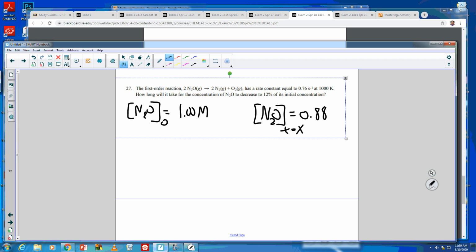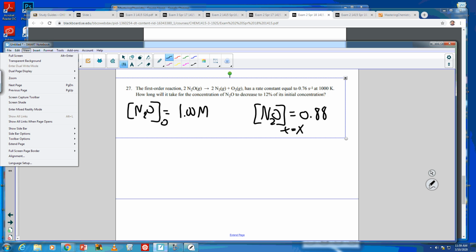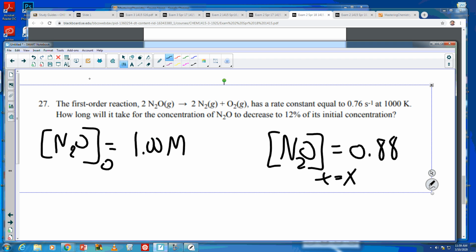So what equation do we use that relates concentration and time? Remember what that's called? We give a name for that particular type of thing. It's called the integrated rate law.